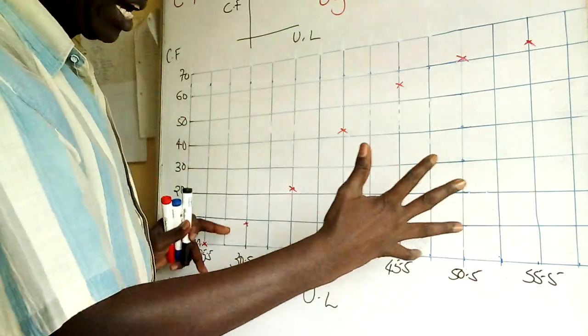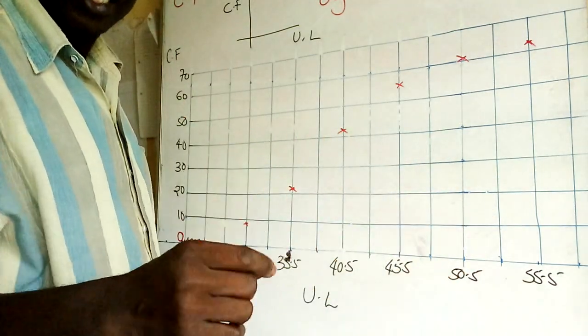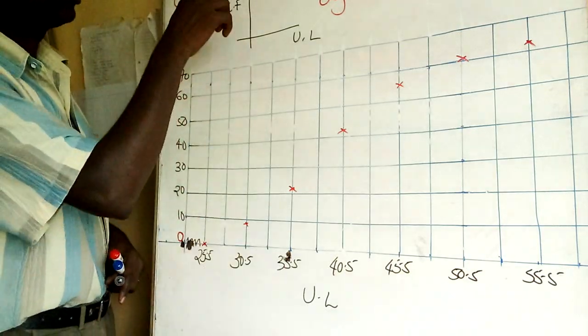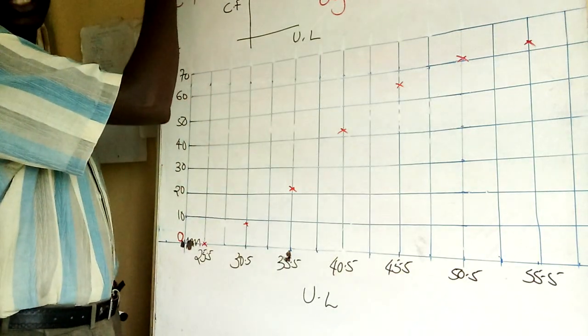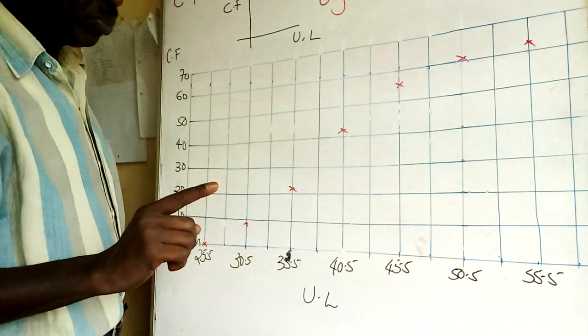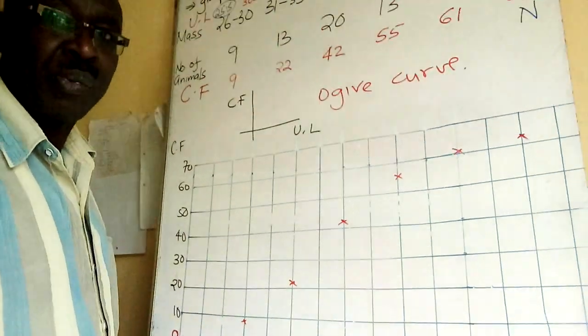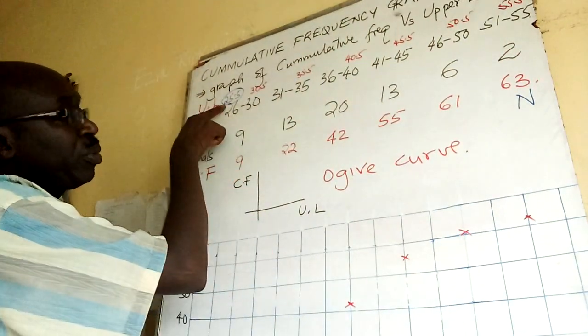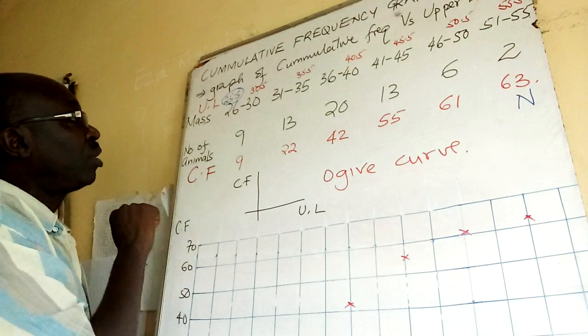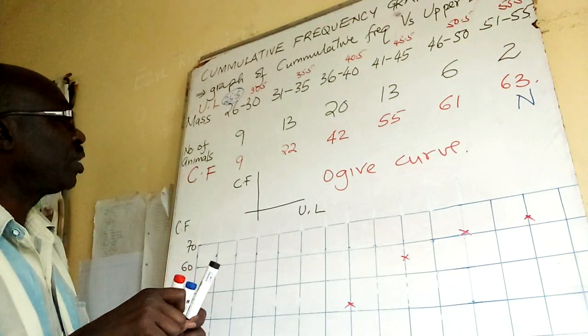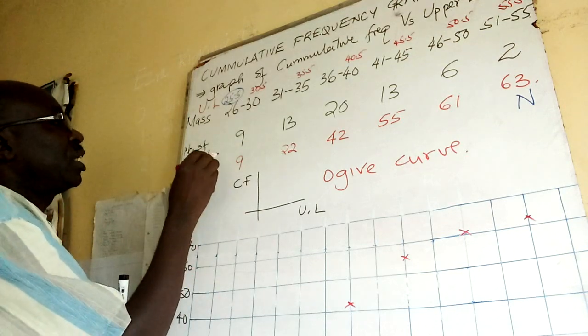After understanding my axis, I do graphing. So the first starting point, remember, starting point, if I may go up just a bit, starting point is 25.5, whose cumulative frequency is essentially 0.